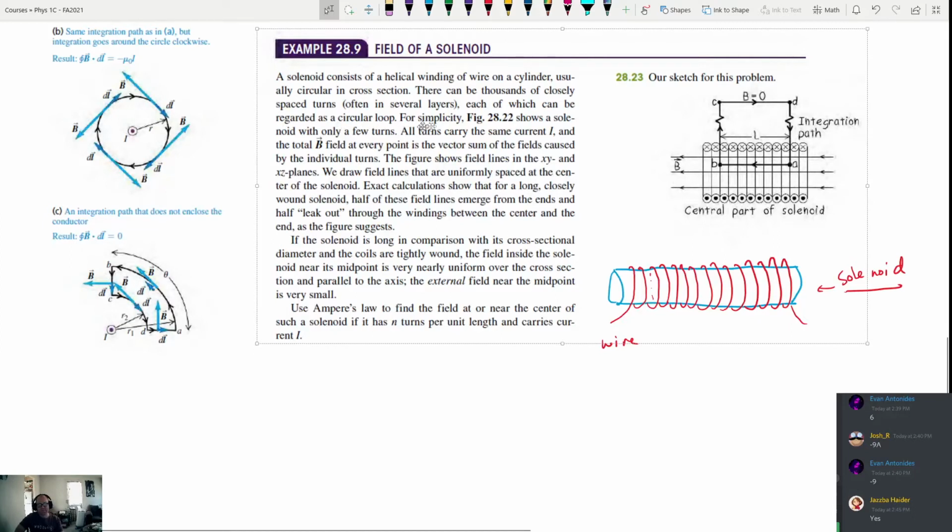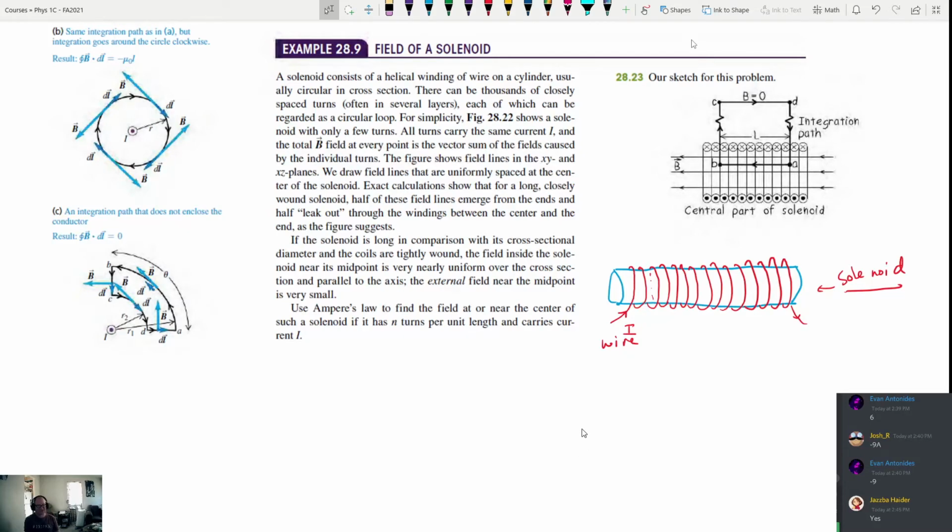For simplicity, figure 28.22 shows a solenoid with only a few turns. All the turns carry the same current I. So now we have a current I flowing in here, and we'll have a current I coming out this way.